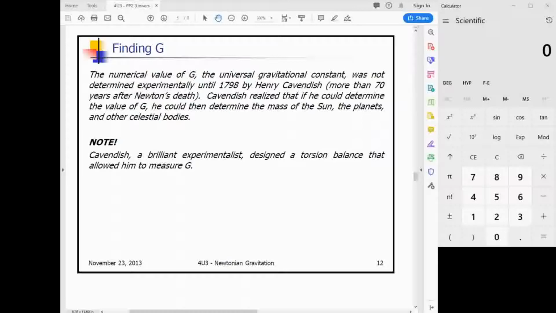So Isaac Newton theorized about this universal gravitational constant. Henry Cavendish was the one who ended up experimentally determining the value of G and thereby proving the existence of G. And he did this using an experiment that uses what's called a torsion balance.